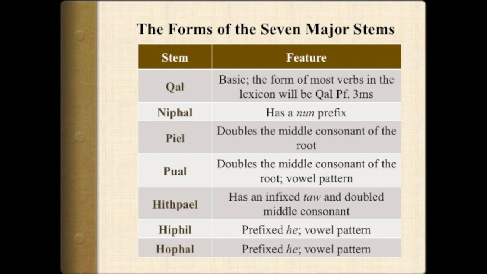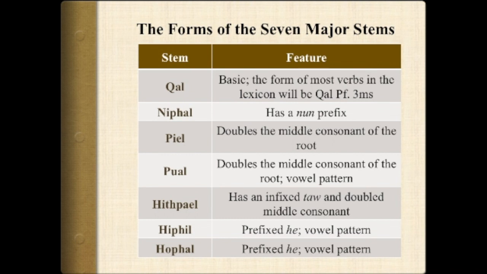The piel doubles the middle consonant of the root that you see in the lexicon. The pual is very similar to the piel. It doubles the middle consonant of the root. It has a somewhat different vowel pattern.